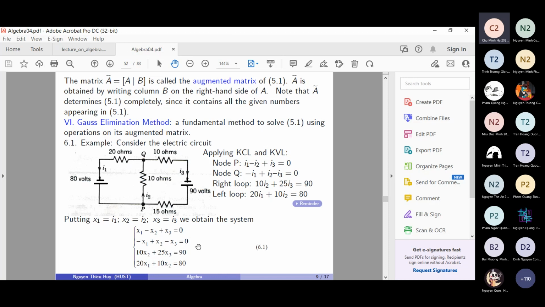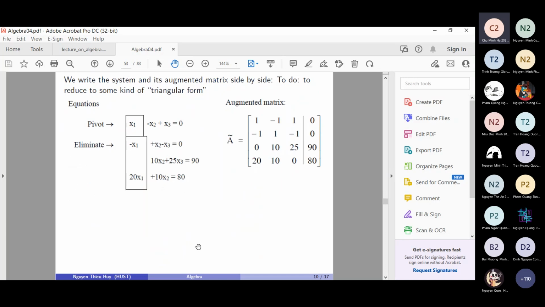Now we have the following. The idea of Gauss is, firstly, we write down the augmented matrix. This is the matrix A, the coefficient matrix, and then the right hand side, the column B, is written on the right hand side of the coefficient matrix A. So we obtain the augmented matrix.